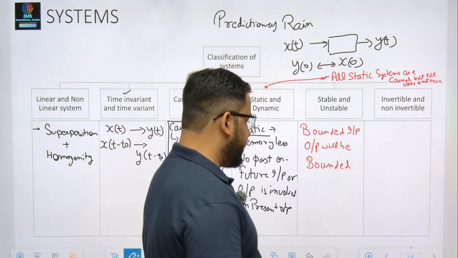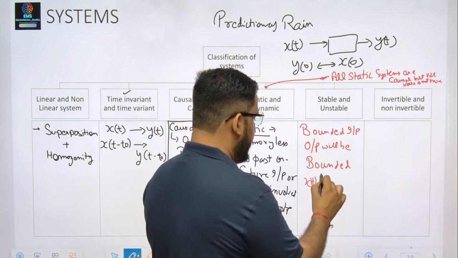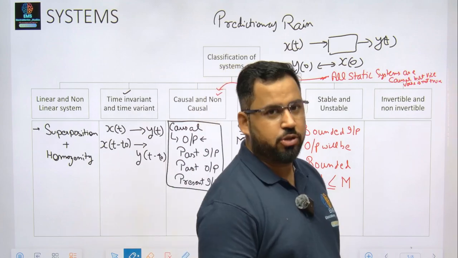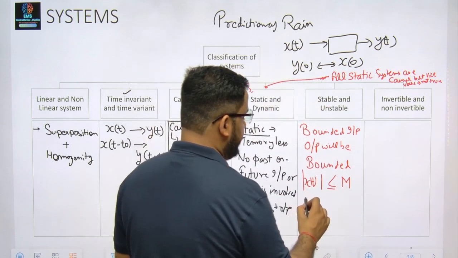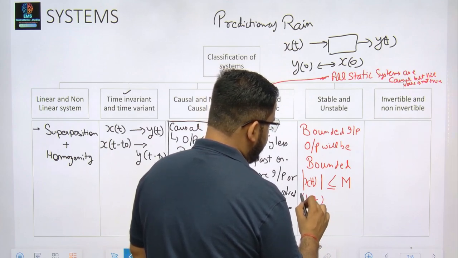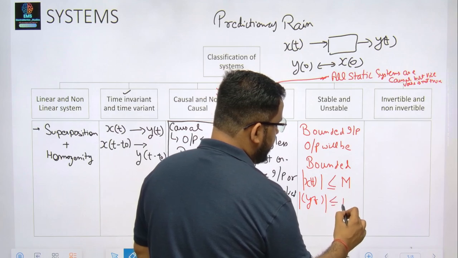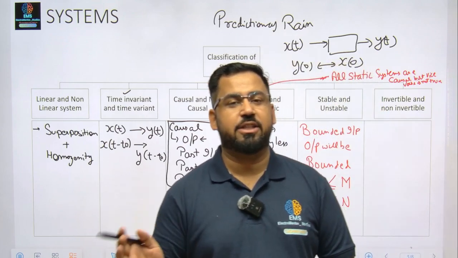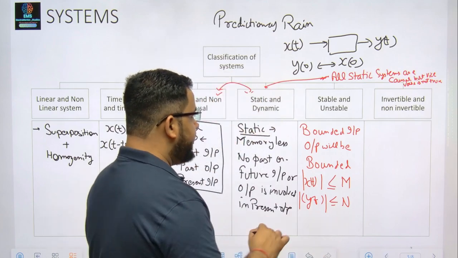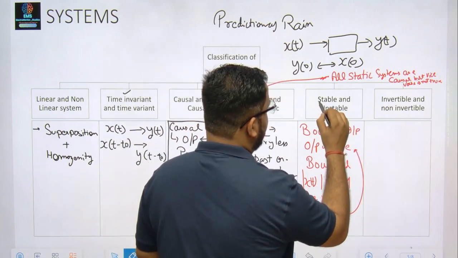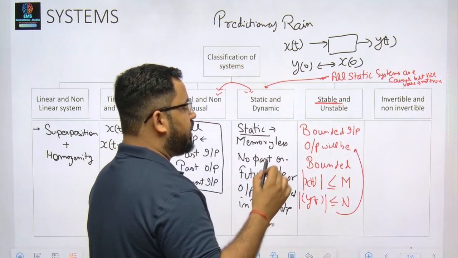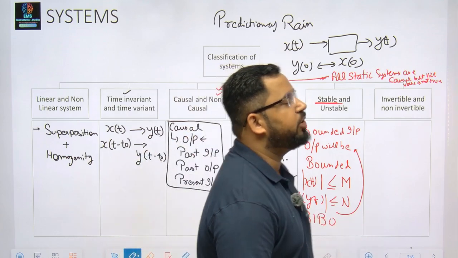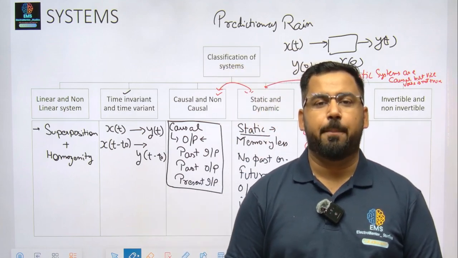Let us say I have an input x(t), its magnitude is less than or equal to some value M. It's not infinite, it's some finite value M. Then if my y(t) has a magnitude which is less than or equal to some value N, not infinite, then my system will be a stable system. For every bounded input, we call it BIBO, my output will also be bounded.